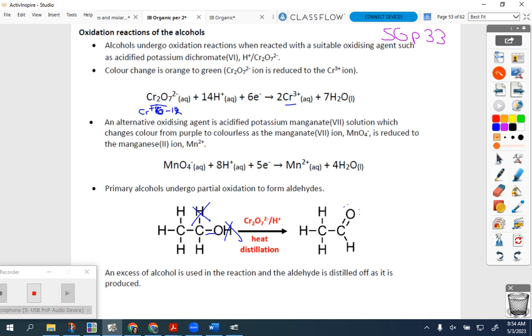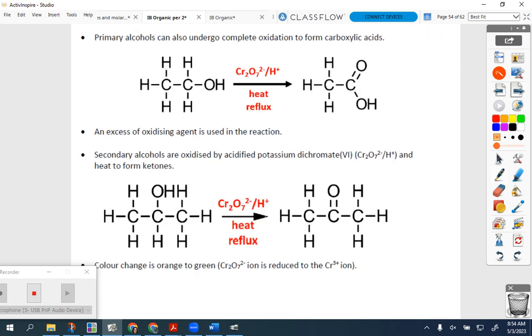Now, if we continue to keep this reaction going with all of the stuff in the reaction vessel, then what's going to happen is we're going to get what's called complete oxidation. And we're going to turn that into a carboxylic acid. So we're basically adding an additional oxygen onto that carbon. Okay, so instead of C double bond O with an H, we now have OH.